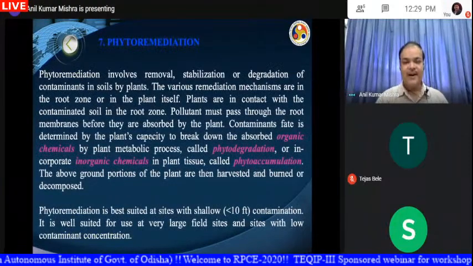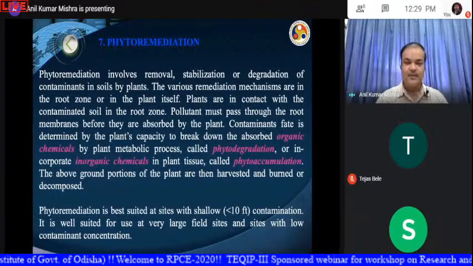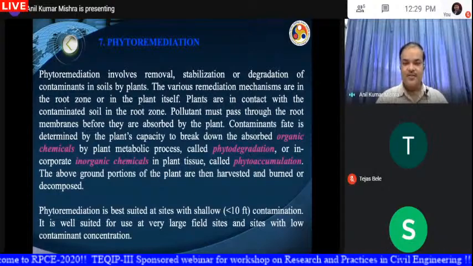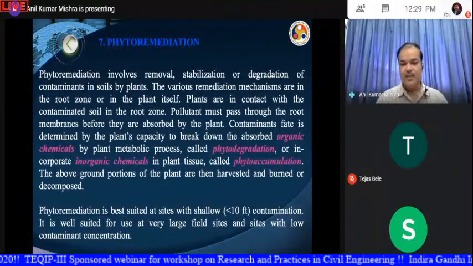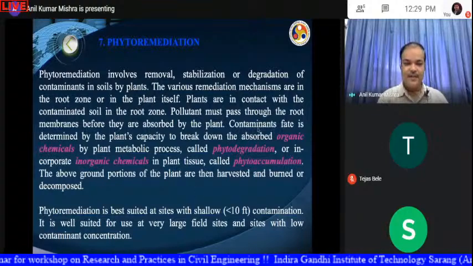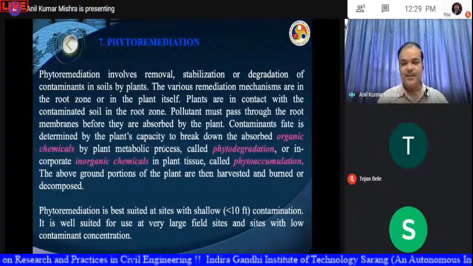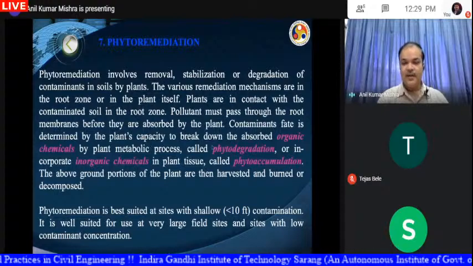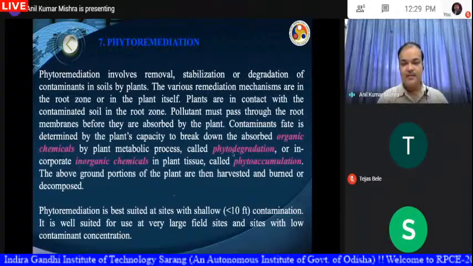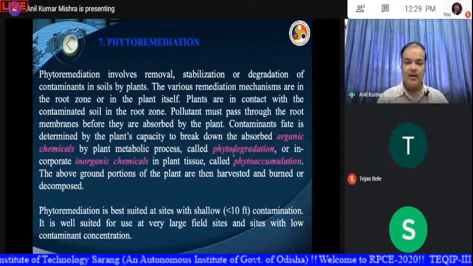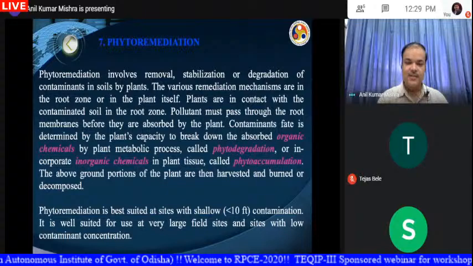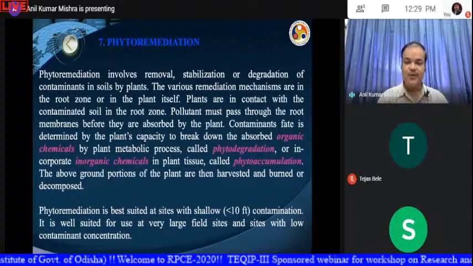Another method is called phytoremediation. In the phytoremediation method, plants are used to treat the soil. The contaminant's fate is determined by the plant's capacity to break down and absorb the organic chemicals by plant metabolic processes, which is called phytodegradation, or it can accumulate inorganic chemicals in the plant tissue, which is called phytoaccumulation.